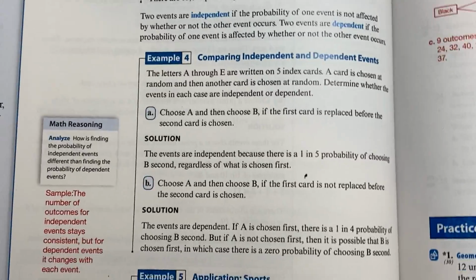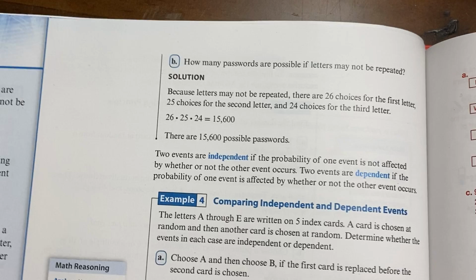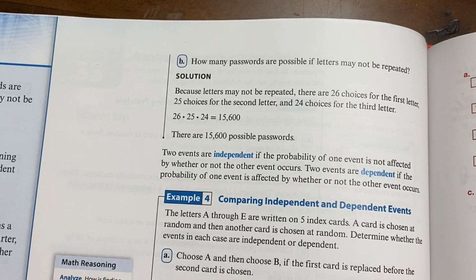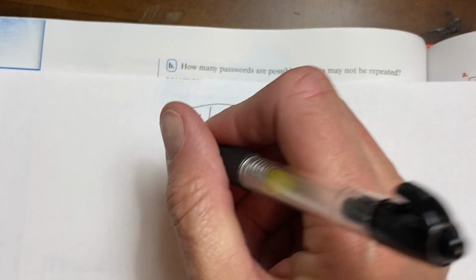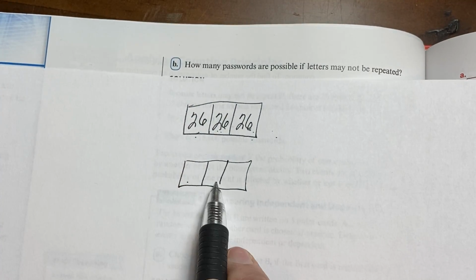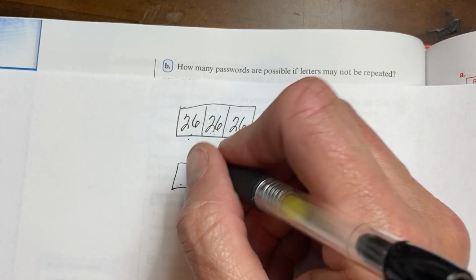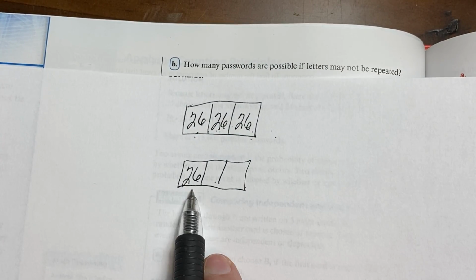Here we go. If I consider that same idea, how many passwords are possible if the letters may not be repeated? Well, consider your 3 spaces again. You have the first letter, the second letter, the third letter. I have 26 letters to choose from for the first position.